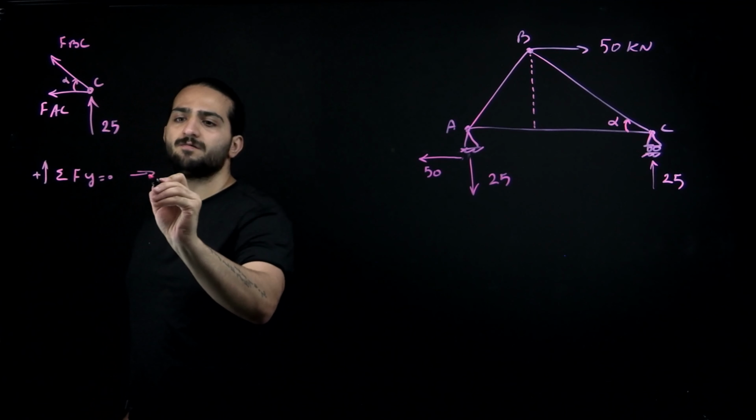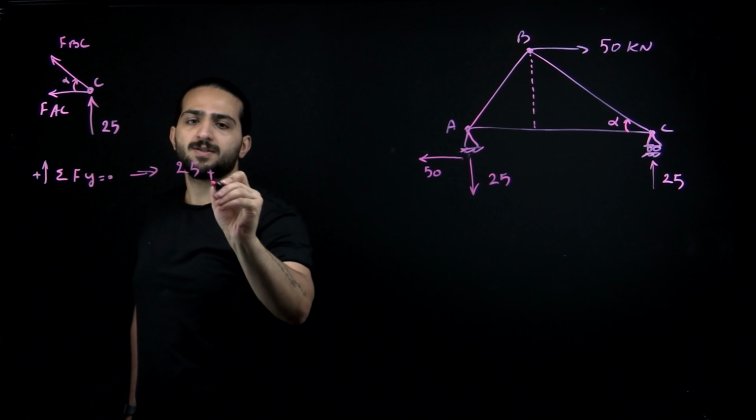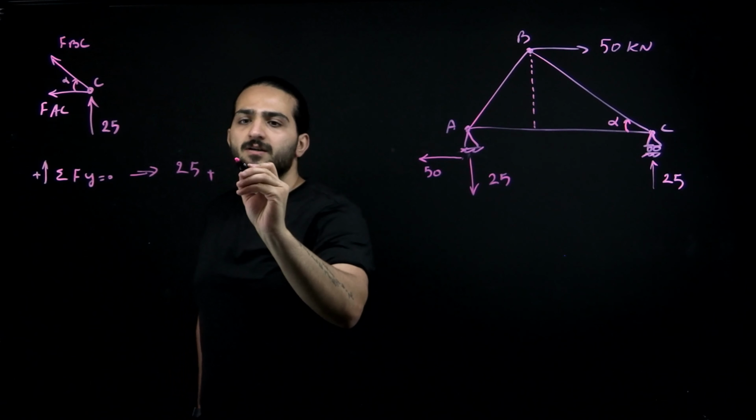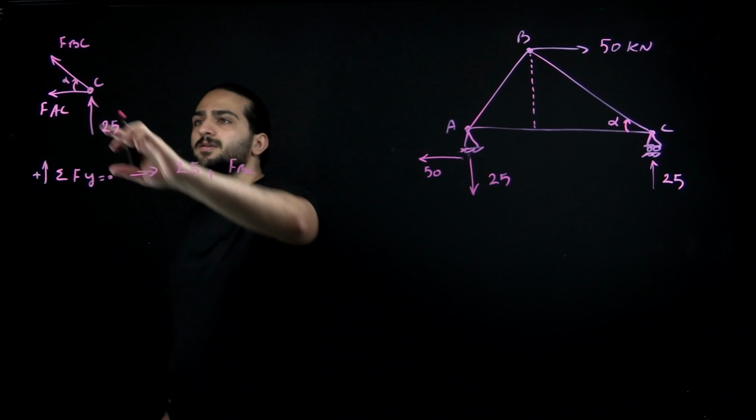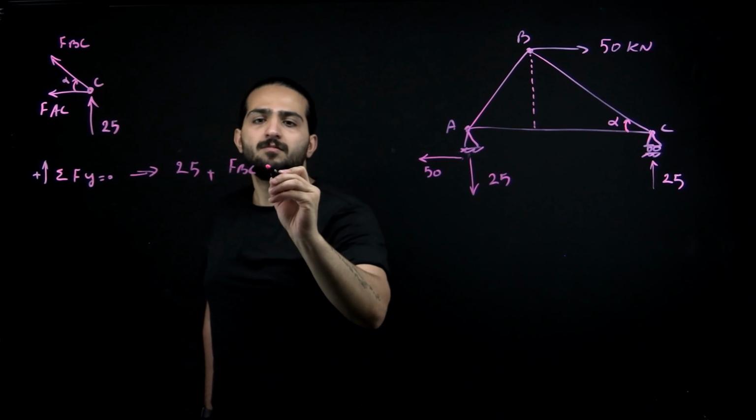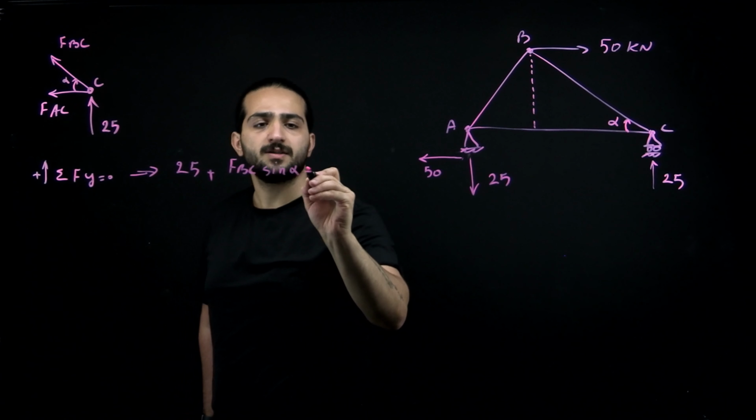So 25 plus FBC sine of alpha is equal to 0.